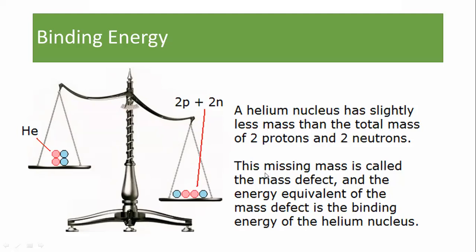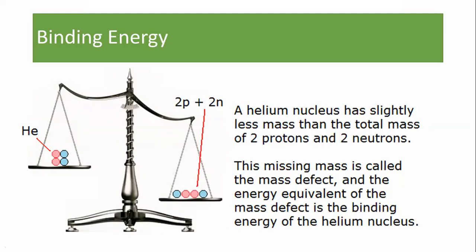That means the mass is missing. Where is it missing? It is missing within the helium nucleus, because it should be equal to the mass of the two protons and two neutrons, but it is less. Some mass is missing, and that mass is called the mass defect.